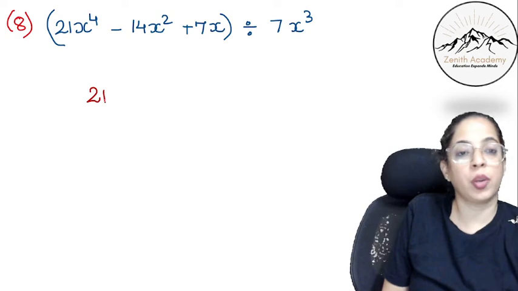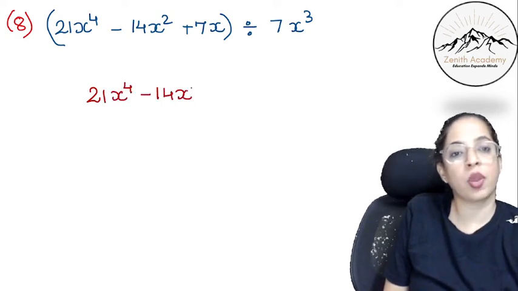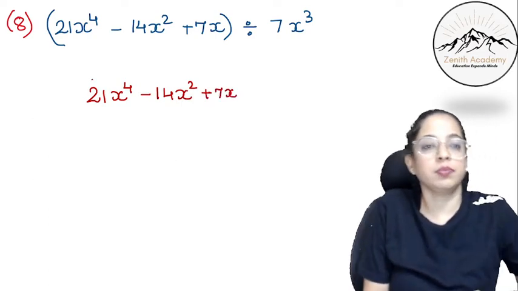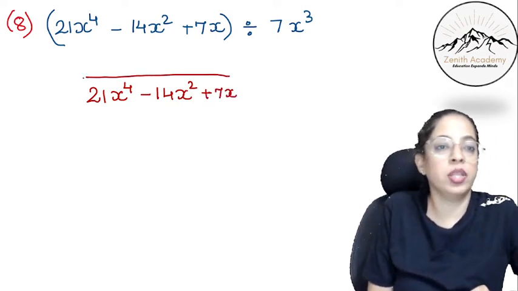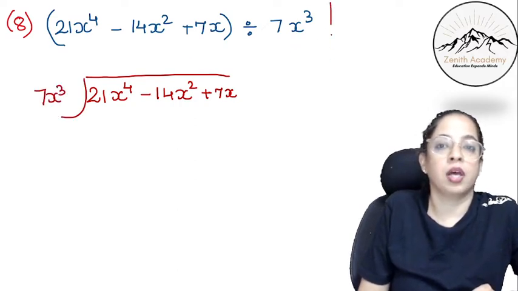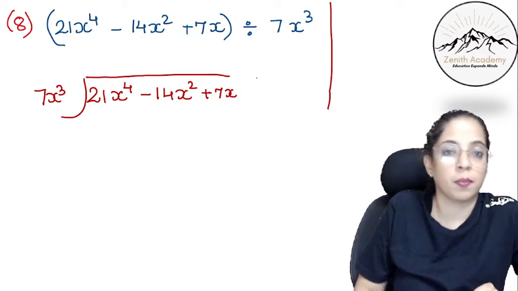So we have 21x raised to power 4 minus 14x square plus 7x. Isn't it? Divide this with 7x cube. Now check here. Let me change the ink. Okay.